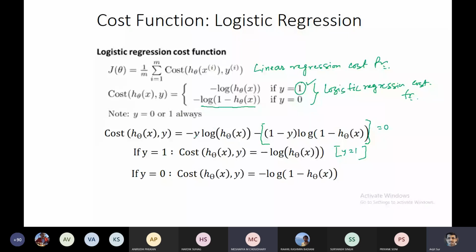So the cost is minus log of 1 minus h theta x, because y is equal to 0. So ultimately, this is what we are writing.